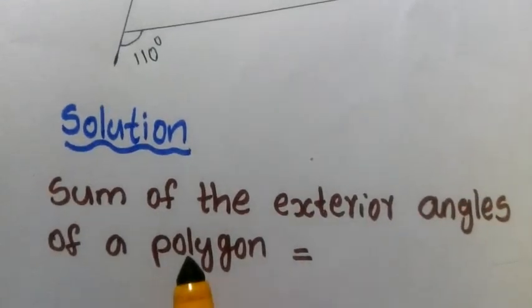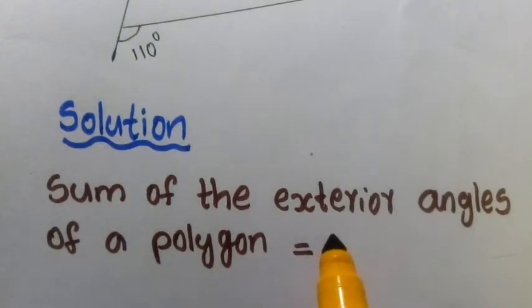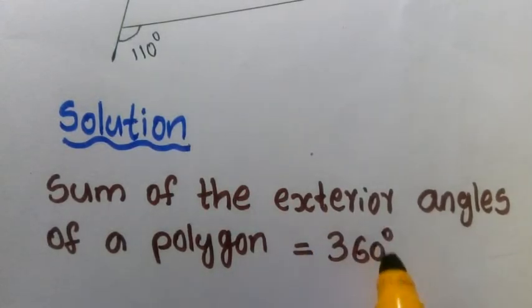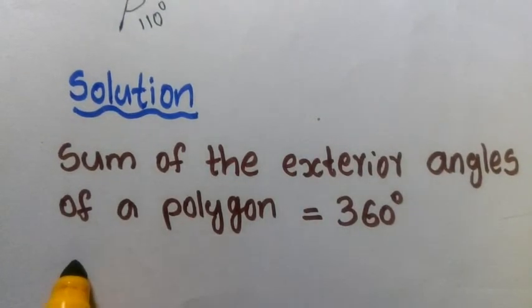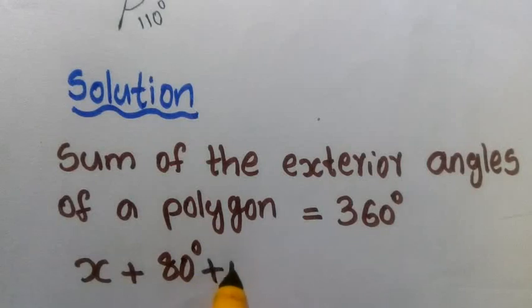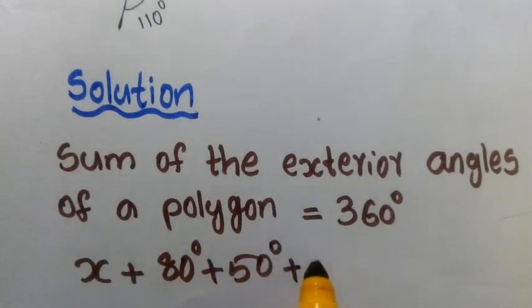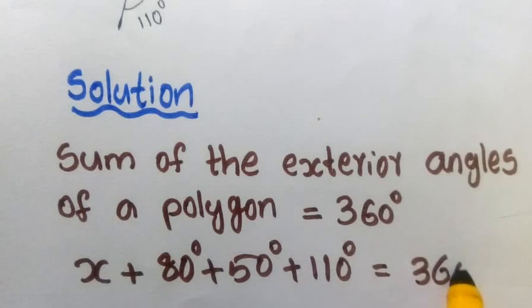We know that sum of the exterior angles of a polygon is equal to 360 degrees. So, x plus 80 degrees plus 50 degrees plus 110 degrees is equal to 360 degrees.